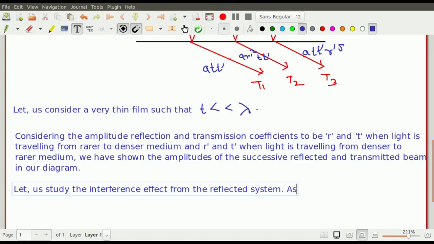Now, the path difference between two successive beams. দুটো পরপর বিমের মধ্যে path difference আমরা জানি, we know the expression.